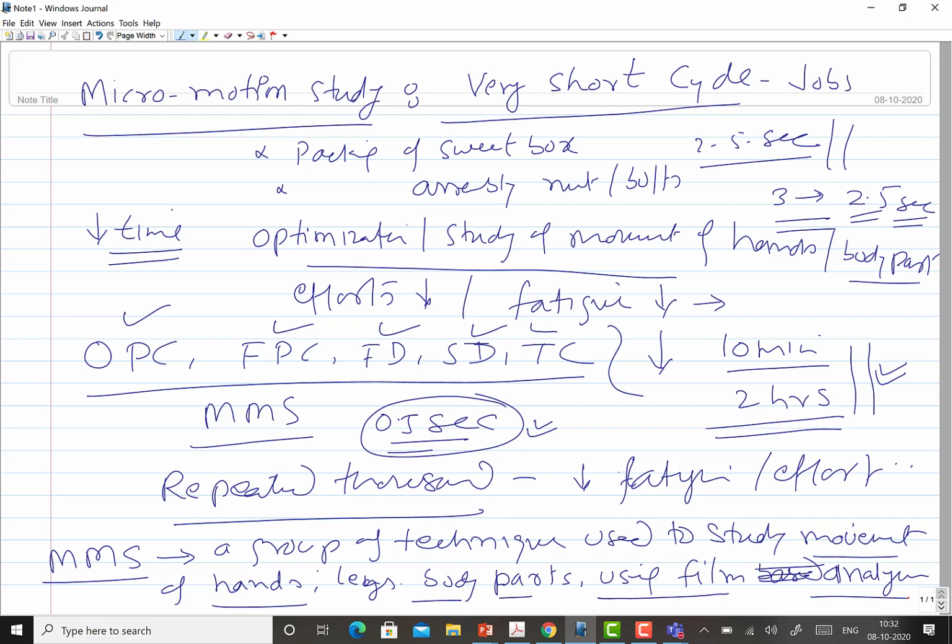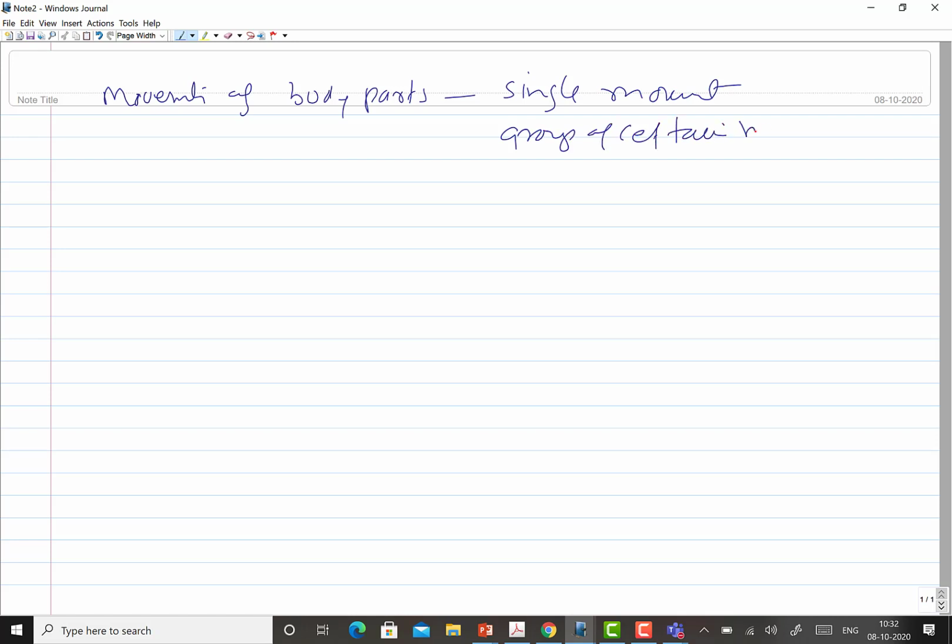Okay. So these movements of body parts can be a single movement or a group of certain movements, and both are used.